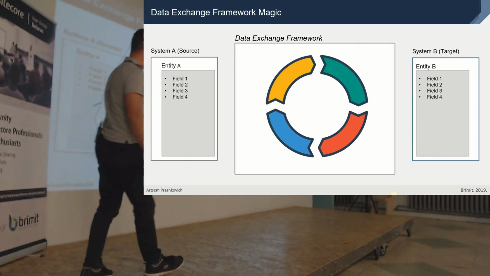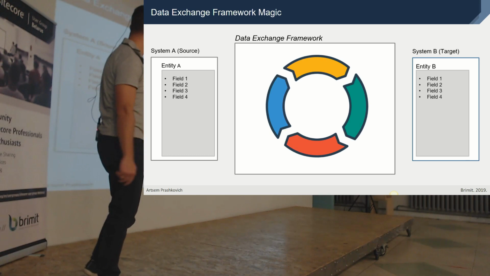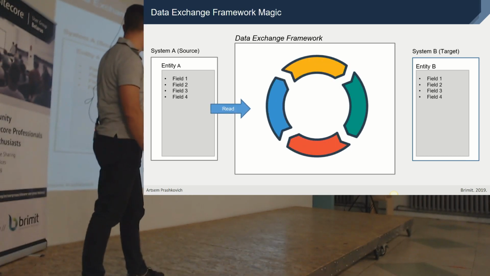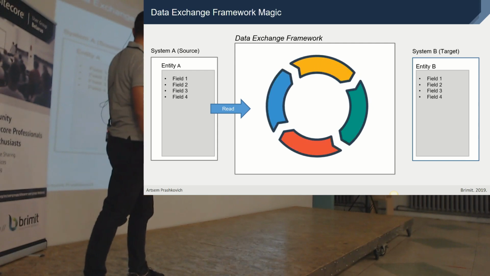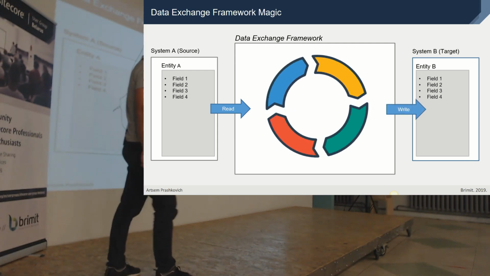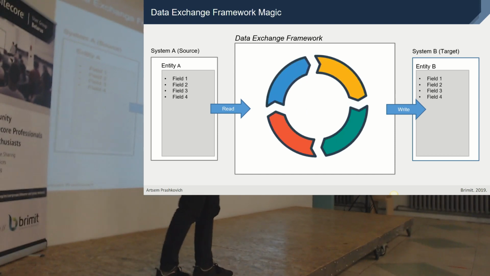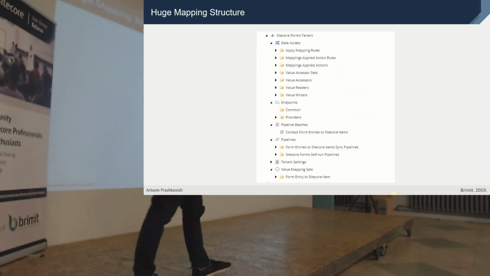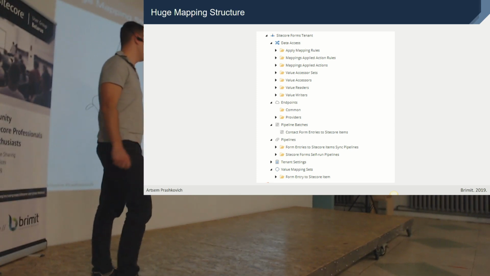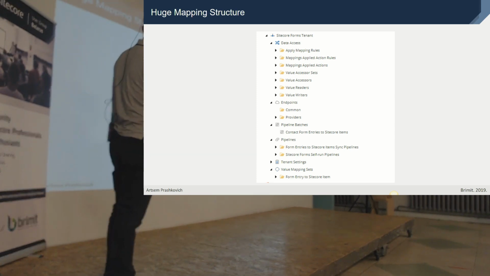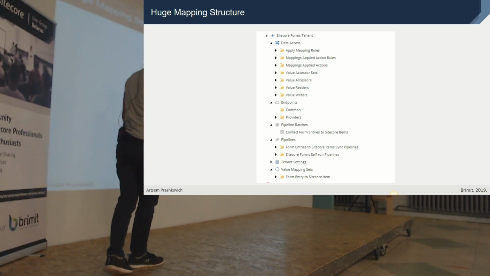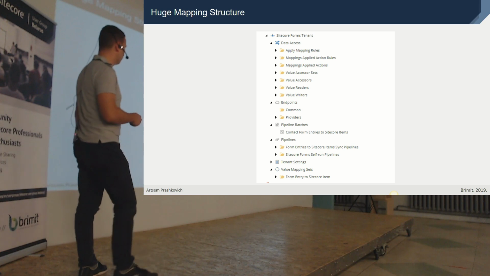And when we run our synchronization, some magic happens and data is read from system A and written to system B. It looks easy, but when we create our first tenant, which is the starting point to building our synchronization and mapping configuration stuff, we will see something like this structure.